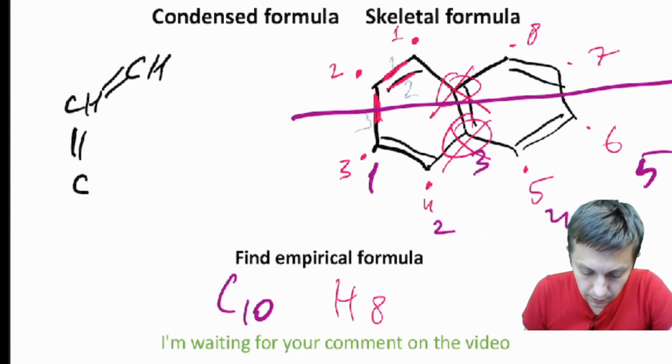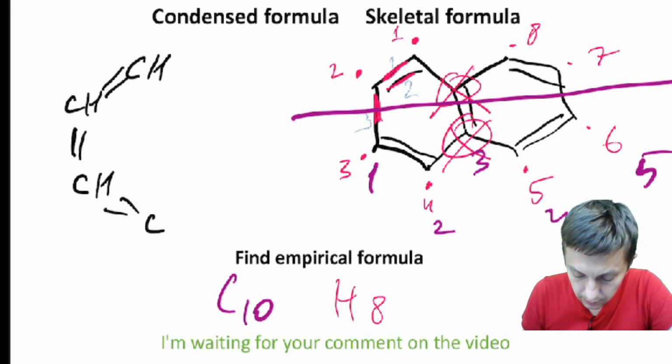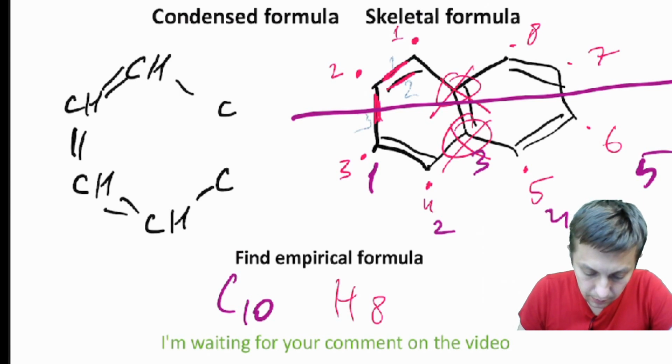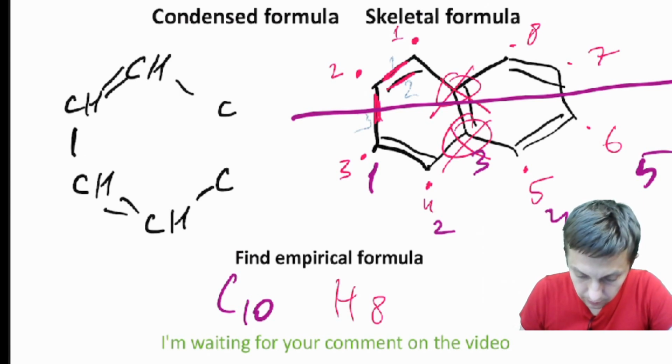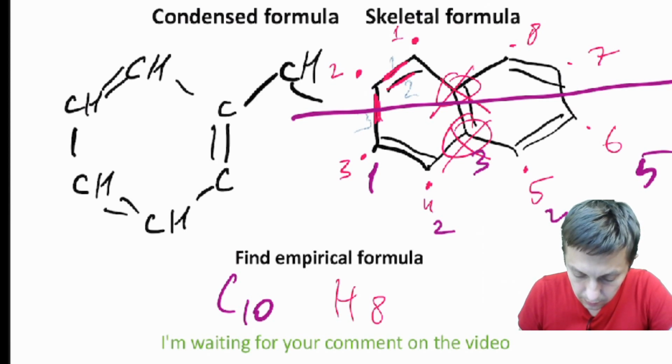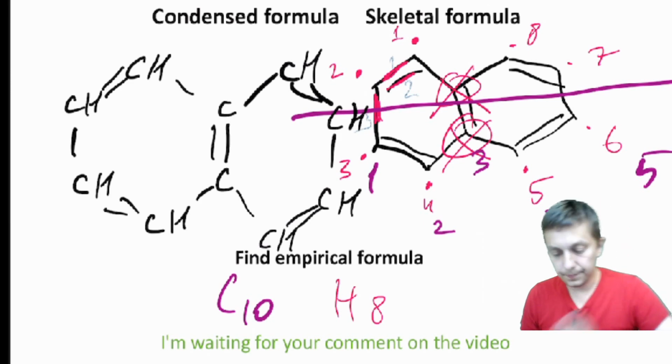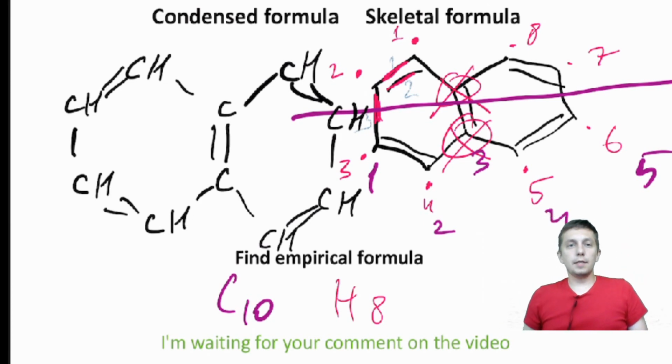And the skeletal formula and condensed formula will be CH, CH, CH, CH, carbon, carbon, carbon, CH, carbon, CH, carbon, CH. So in this case, the condensed formula is not very informative, so the skeletal formula marks an empirical formula because it's 2 big molecules.